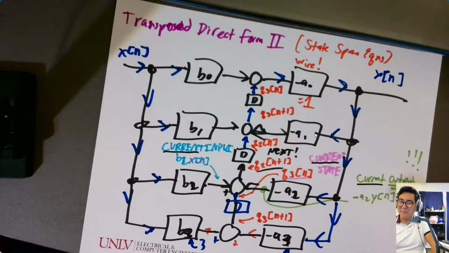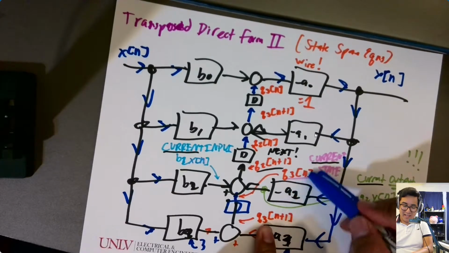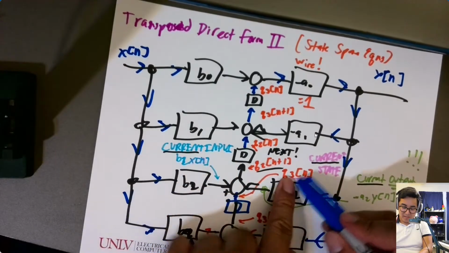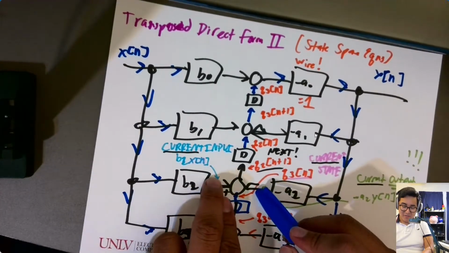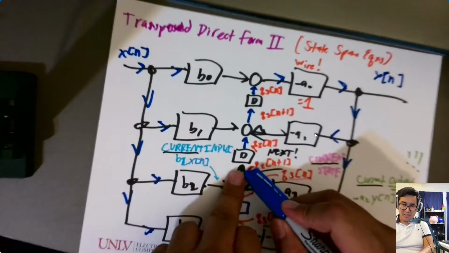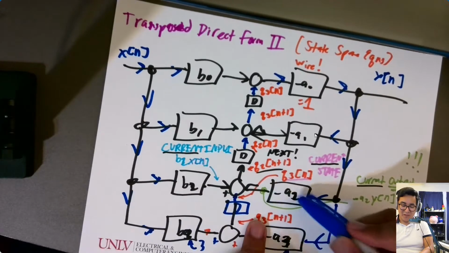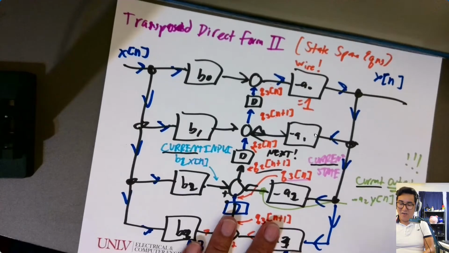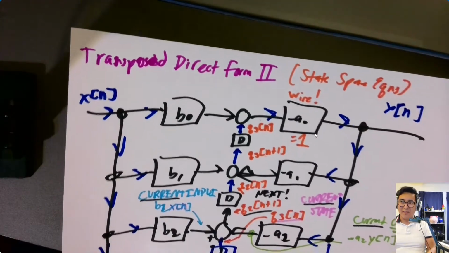In the transpose direct form 2, this current input and this next state, these three nodes just equal one node. The next state is already a function of current stuff. However, we have this output that I want to tackle right now.